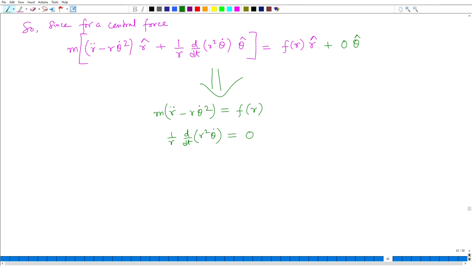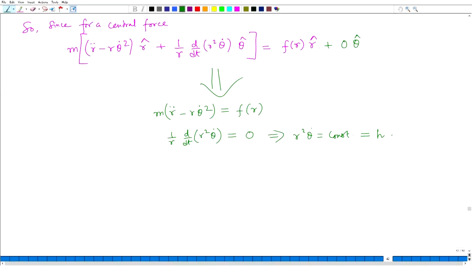So, if I do that, this gives me something interesting, that r square theta dot is constant. I can call that h. Now, my question to you is, is this constant a new constant of motion, or is this something which we already know?